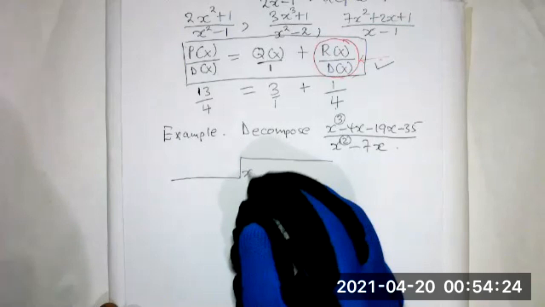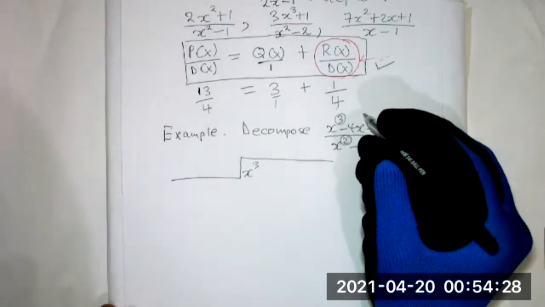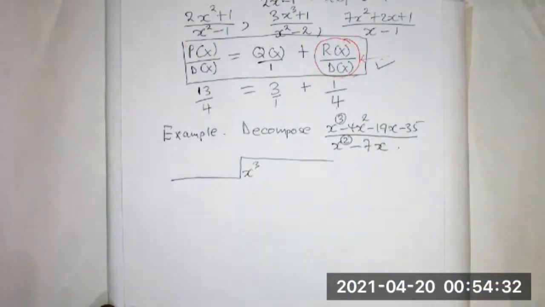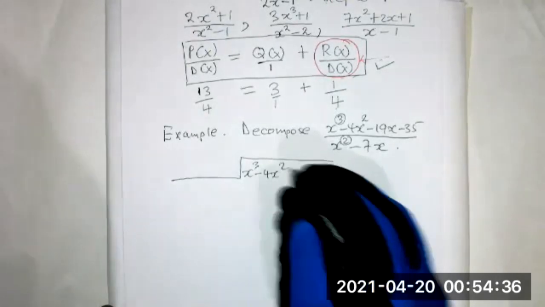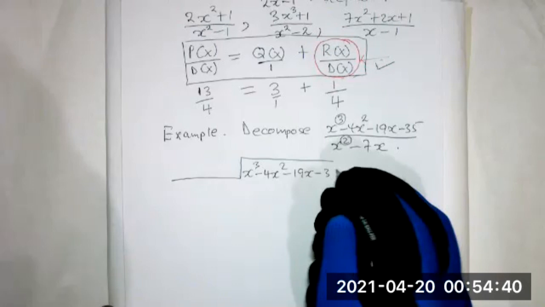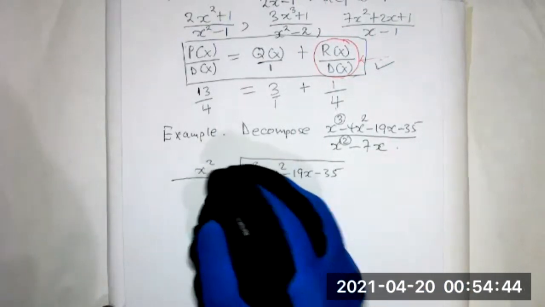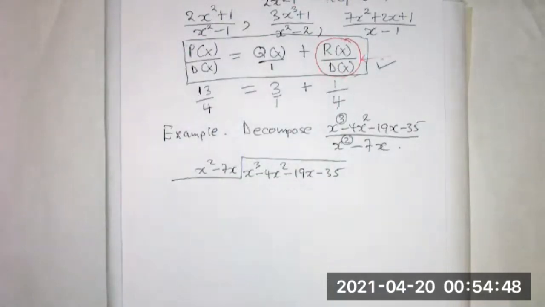So we have x cubed. Oh, sorry, this should be squared here on 4x, minus 4x squared minus 19x minus 35 divided by x squared minus 7x. So the long division is not a problem.